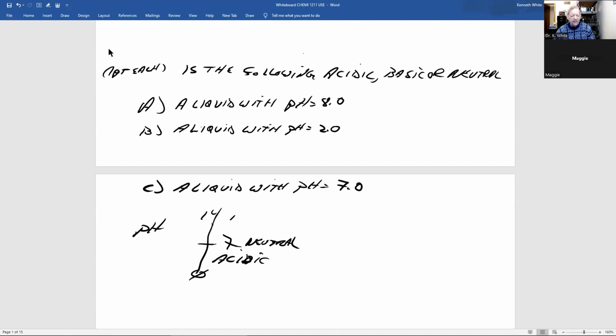And above 7 is basic. So pH 8, it's above 7. This is a basic solution or alkaline. pH 2, it's below 7. This would be acidic. pH 7, whoa, pH 7, that's neutral.